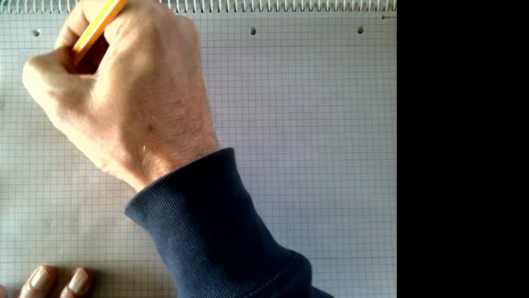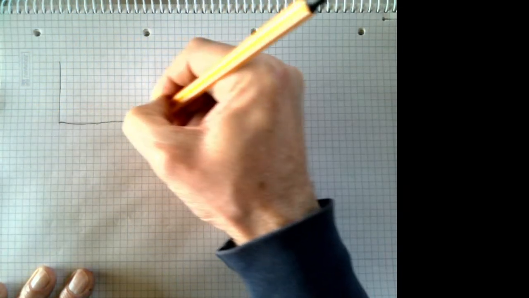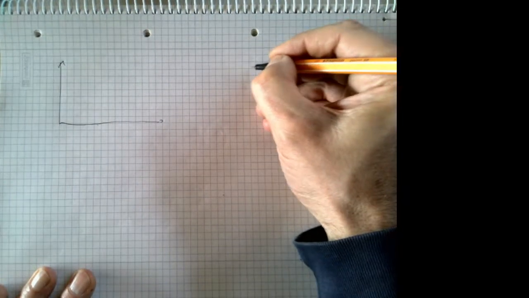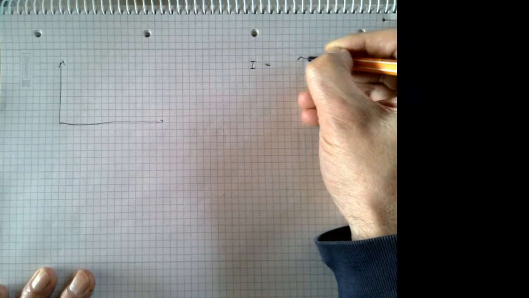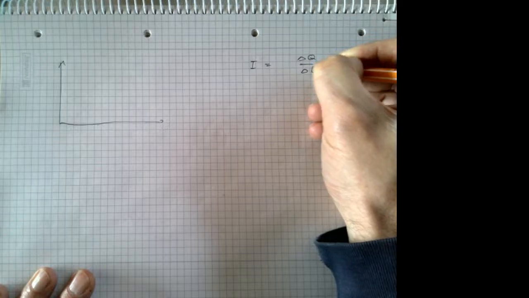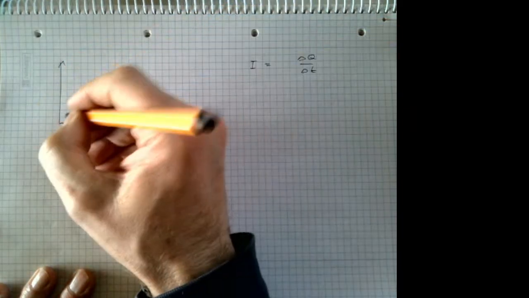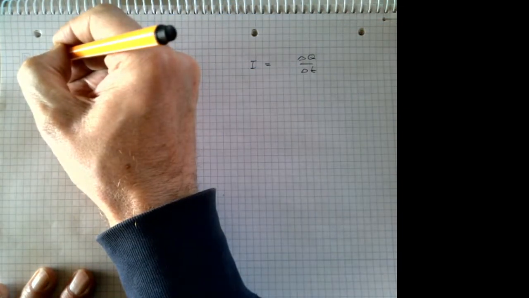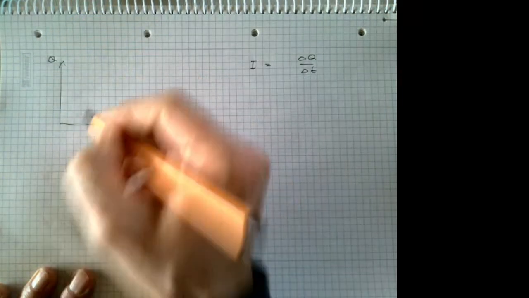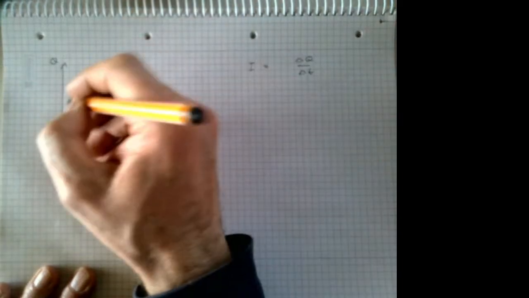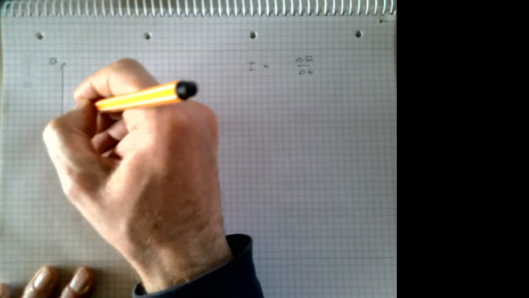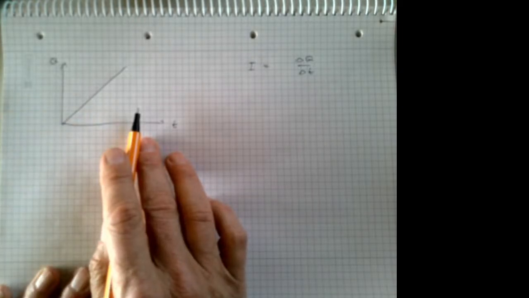For example, let's say we said I is first of all delta Q divided by delta T. So how do I see that? For example, if we have a constant current, then Q over T would look like this. Why?